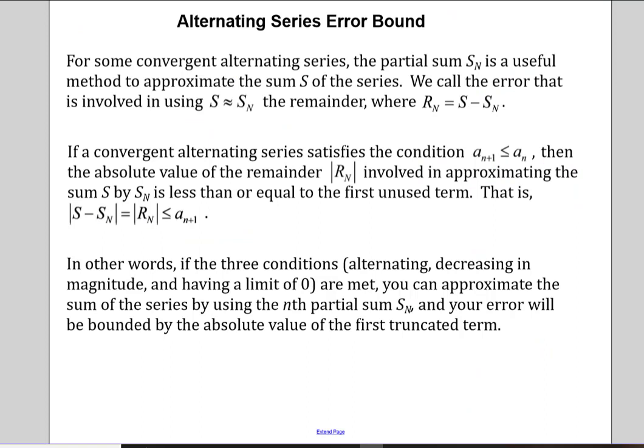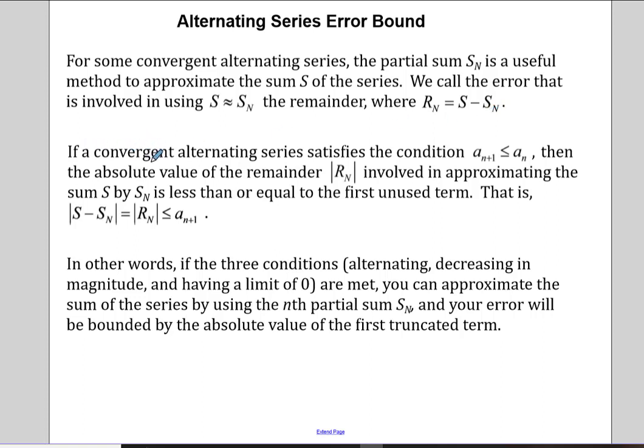And here we're going to talk about the error bound. For some convergent alternating series, the partial sum S sub n is a method that we can use to approximate the sum of the series. We'll call the error that is involved in using the idea that the sum is approximately the sum of the S sub n terms the remainder, where the remainder is the sum minus the partial sum.